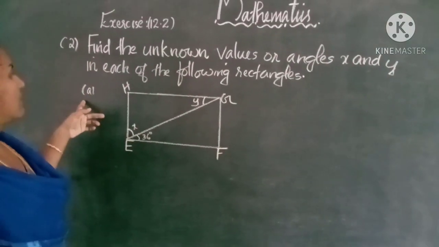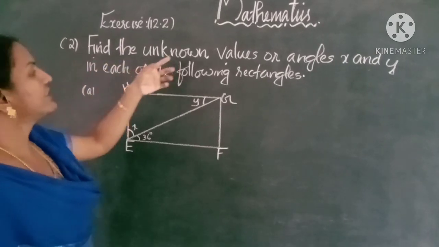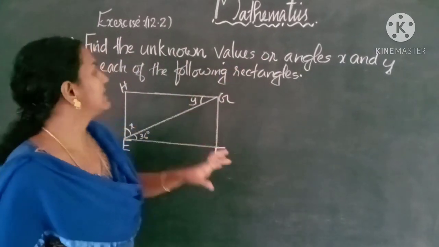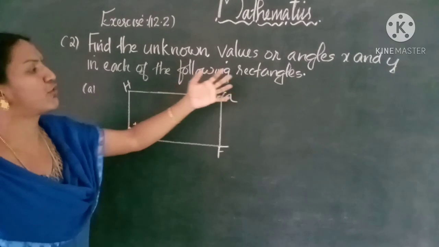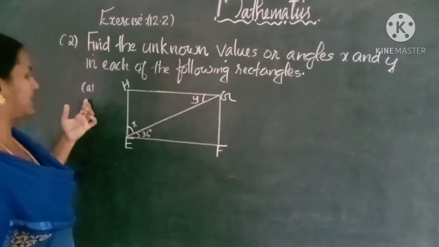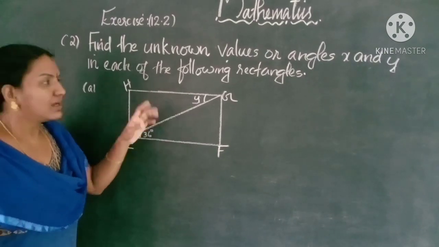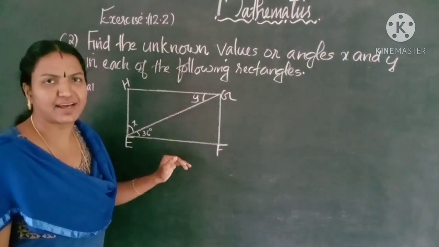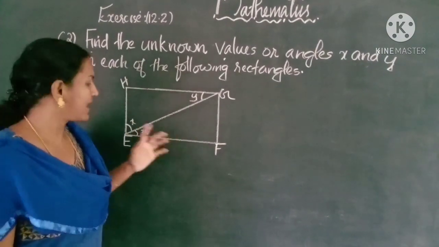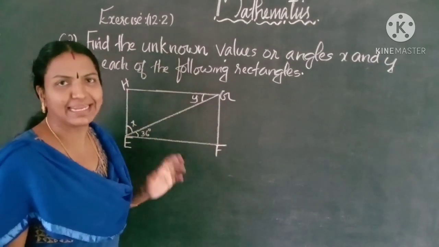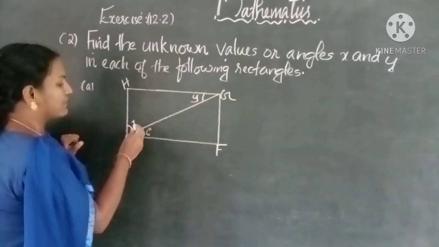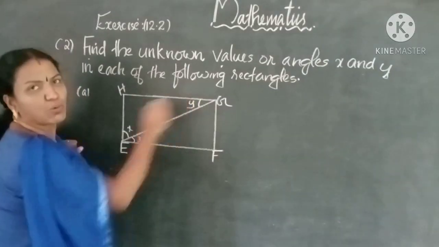Next, question number 2. Find the unknown values of angles x and y in each of the following rectangles. Option A, EFGH. It's a rectangle. In a rectangle, the opposite sides are equal and parallel, and each angle is 90 degrees. So we have to find the value of x and y.